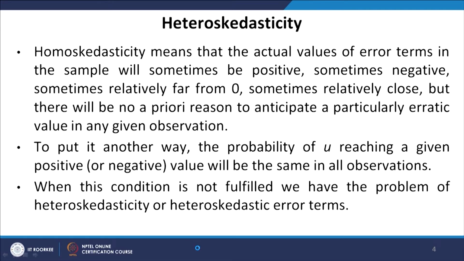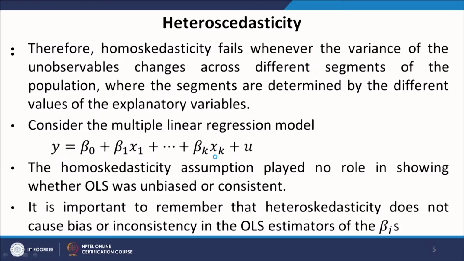So, we are basically focused here on the probability of u reaching a positive or negative value, which should be constant with no systematic pattern. Therefore, homoscedasticity fails whenever the variance of the unobservables changes across different segments of the population, where the segments are determined by the different values of the explanatory variables.